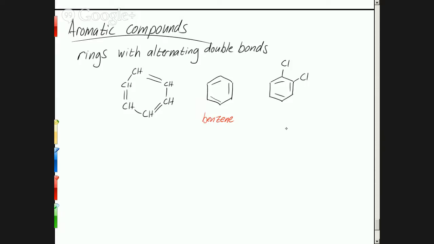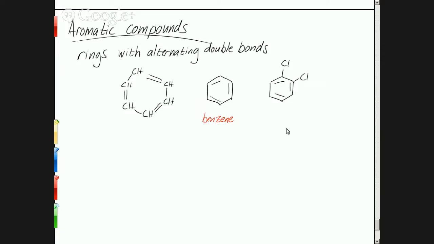So what do you think a structure like this might be named? Well, actually, you don't need the cyclo. Just benzene is that. It's just benzene. But what do the Cls tell you? How do you deal with those? Well, we've got benzene is going to be the main part.